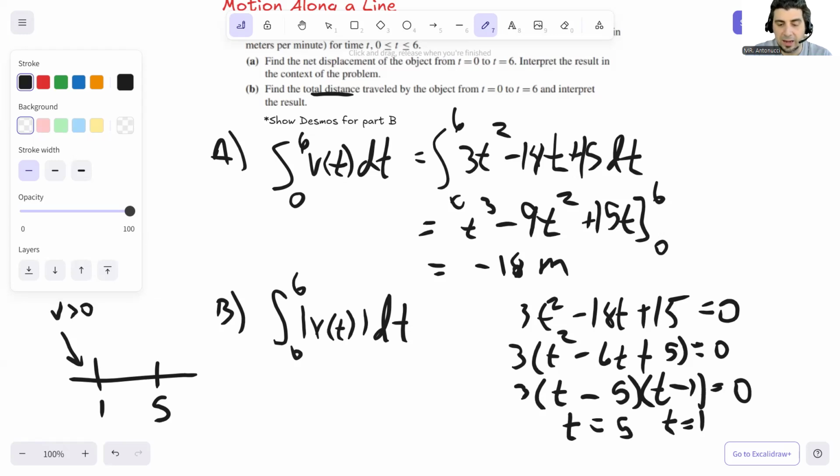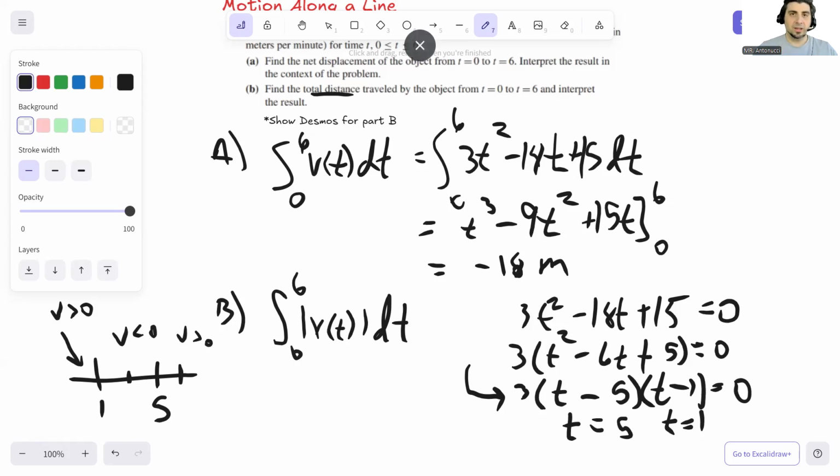You could look at it in the factored form right here. If you plug 0 in there, you're going to get a positive number. Pick a number between 1 and 5, let's say 4. If you plug 4 in there, you have 3 times negative 1 times 3, so the velocity is going to be negative. Pick a time after 5, let's say 6 or even 5.5. Make sure you stick to the interval that the integral is on. Then the velocity is going to be positive again.